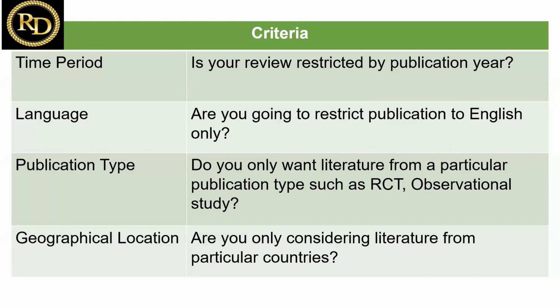Then we have geographical location. If you are looking for studies from a particular region, like studies from India only, then we can use geographical location, also called the setting of the study. So in this way, these filters are mainly used to restrict or refine your search.